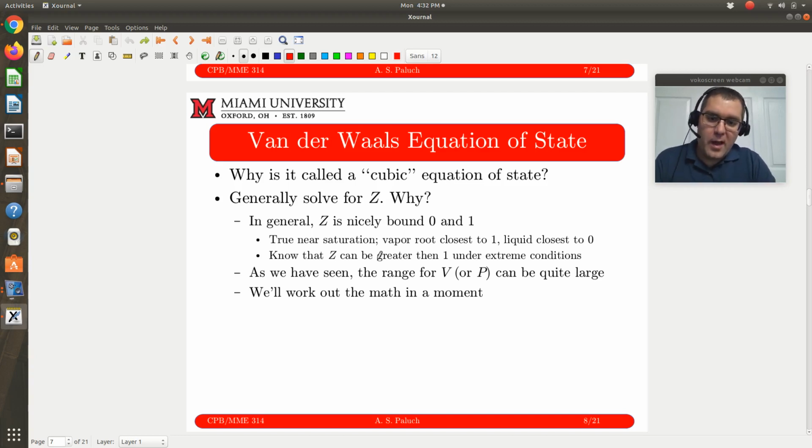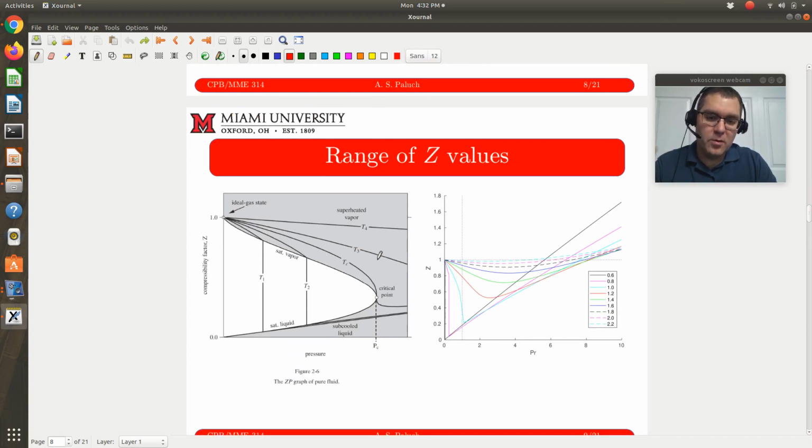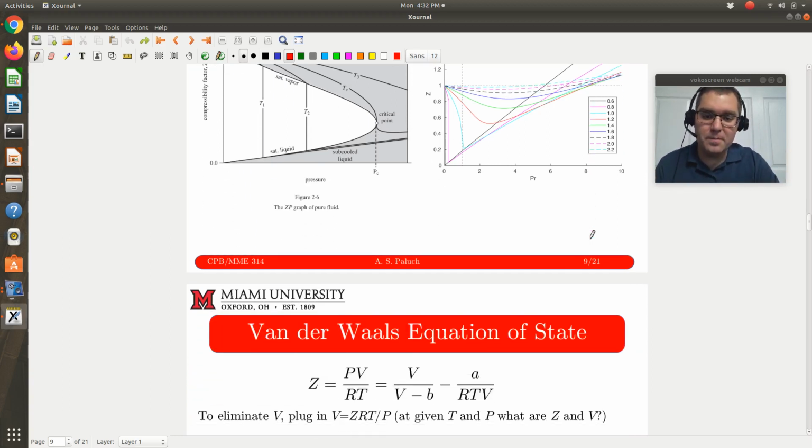And so what works out is if you were to take the van der Waals equation of state and solve it for Z, again, the range of Z's are typically between 0 and 1. In the supercritical region, you can get values above 1. But in general, for problems of typical interest, we're dealing with Z's between 0 and 1.